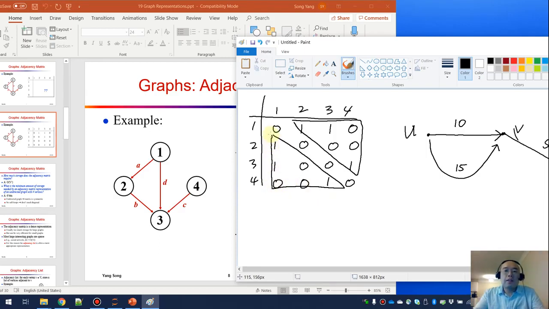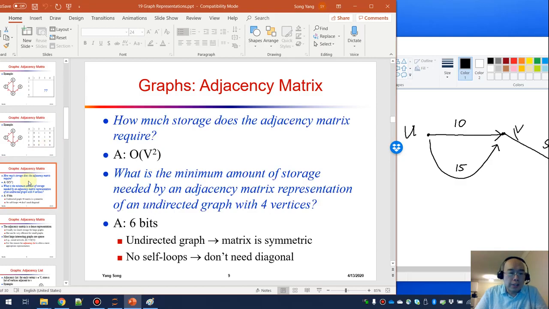Because they are symmetric, and the diagonal values are all zeros. So in this case, we only need to store a total of 6 digits. We can pick either the upper half or the lower half, but anyhow we only need to store a total of 6 binary digits.